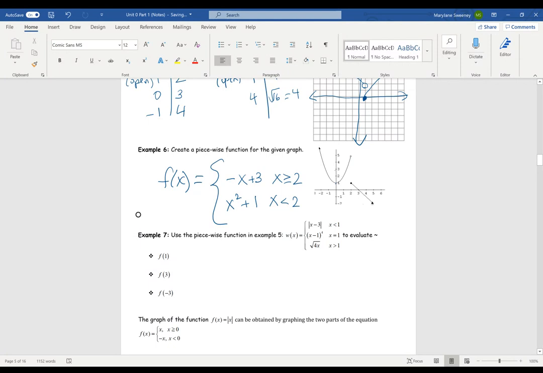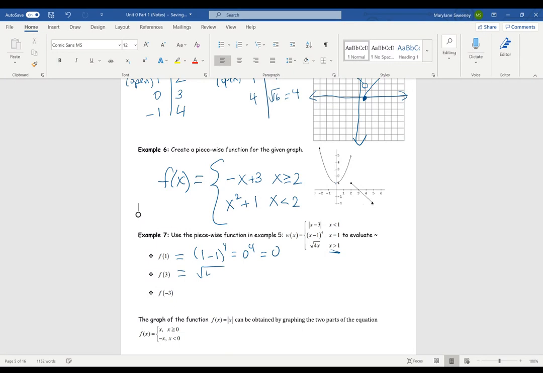Okay, now taking that same piecewise function we had back in example 5, and if I want to figure out f of 1, I got to look which of these intervals has an x value of 1, only the middle one. So that's what I want to substitute into. F of 3, which interval would have 3 in it? Well, greater than 1, this interval.